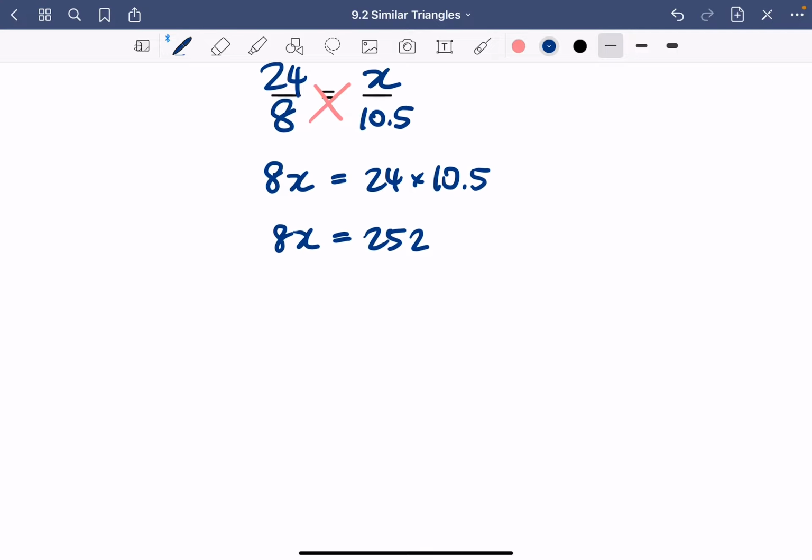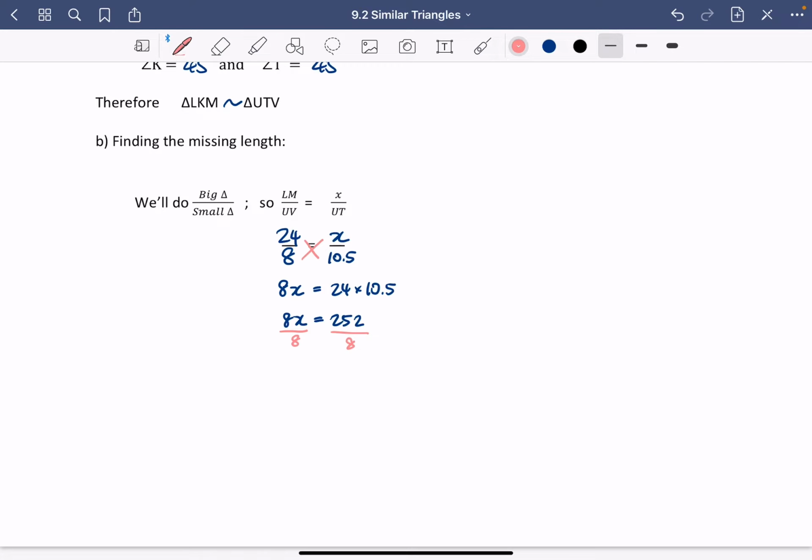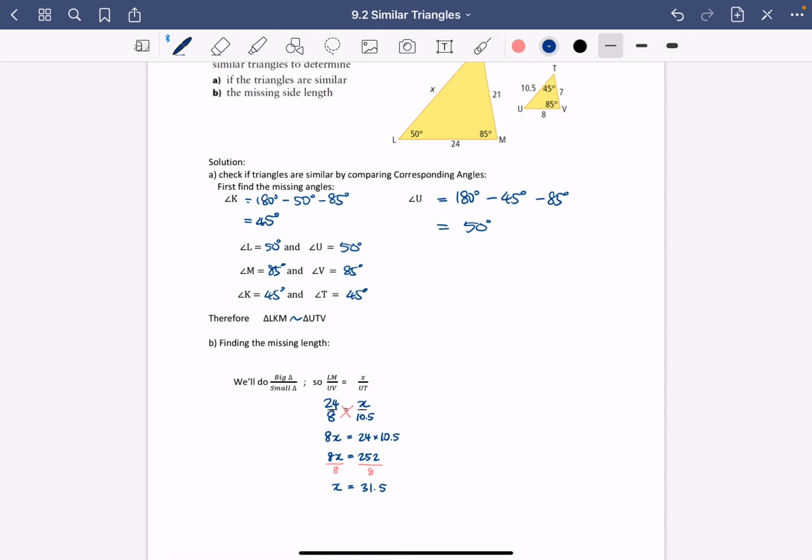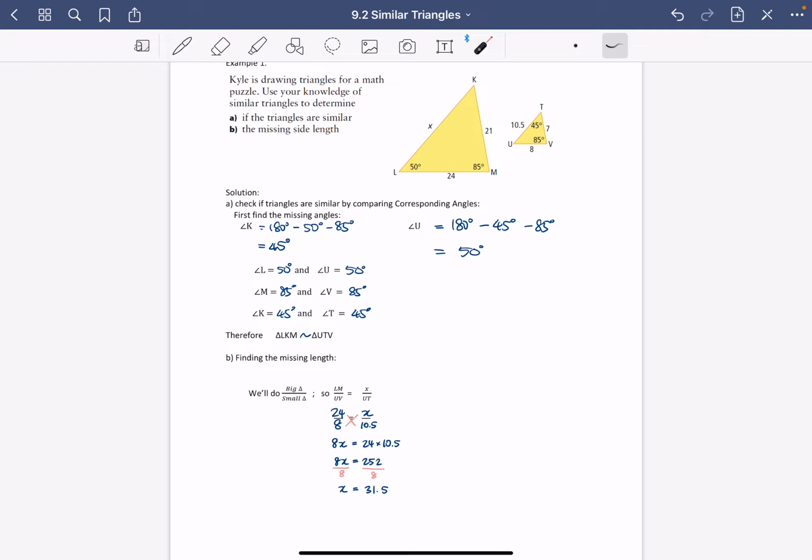And if we want to find x, we'll divide both sides by 8. And so that is equal to 31.5. And is that reasonable? Yeah. This one is 24, this one's 21. This one looks like it's bigger or longer than the two. So 31.5, reasonable.